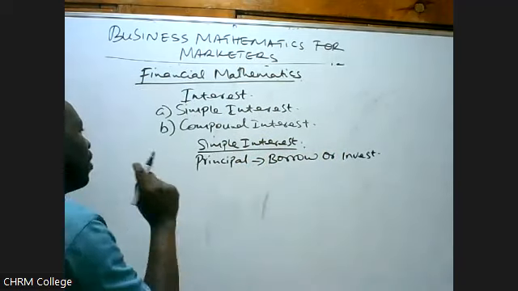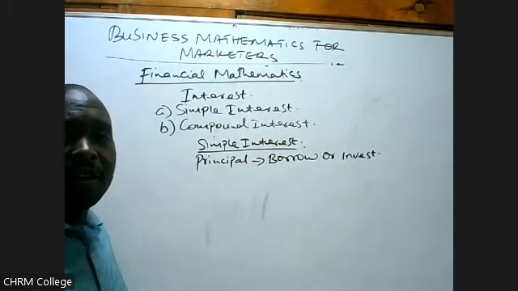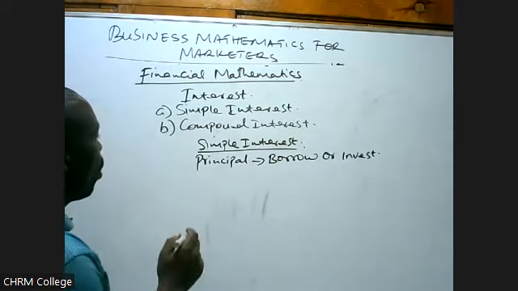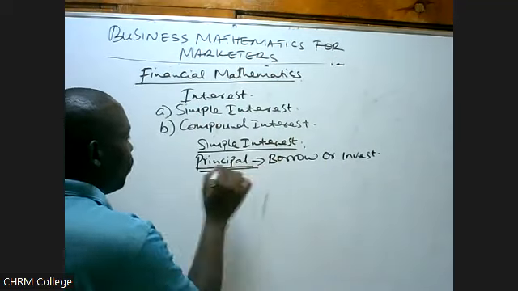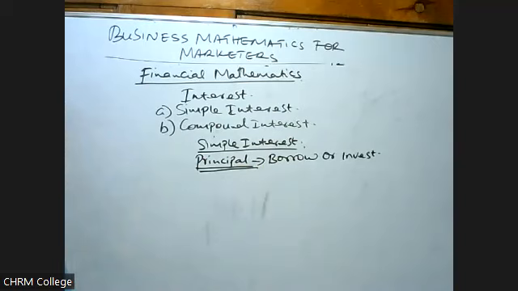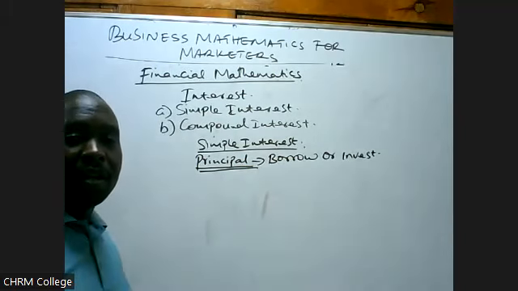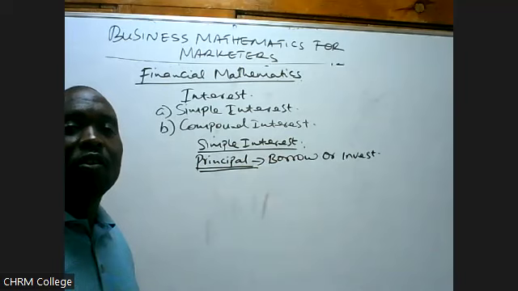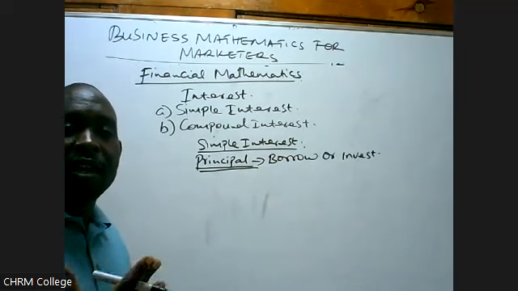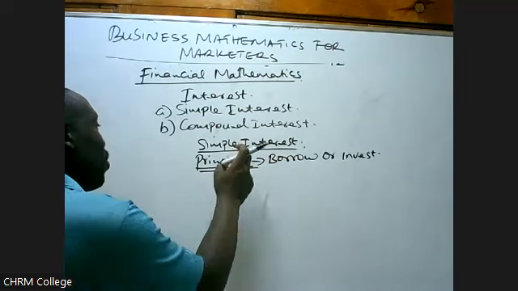So when we talk about the simple interest, it is the interest that is earned only on the principal amount. The interest that you earn in year one, in year two, that interest does not earn interest. The interest will only be calculated on the principal.